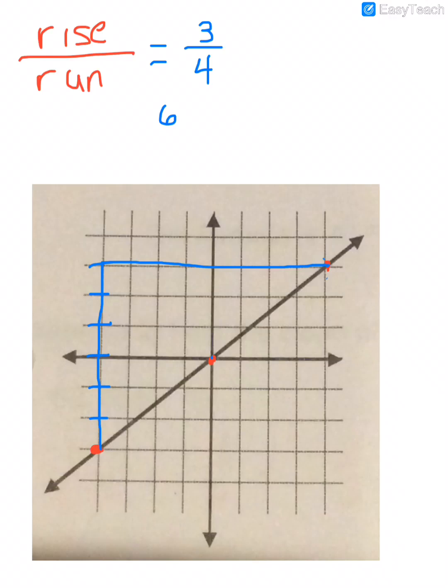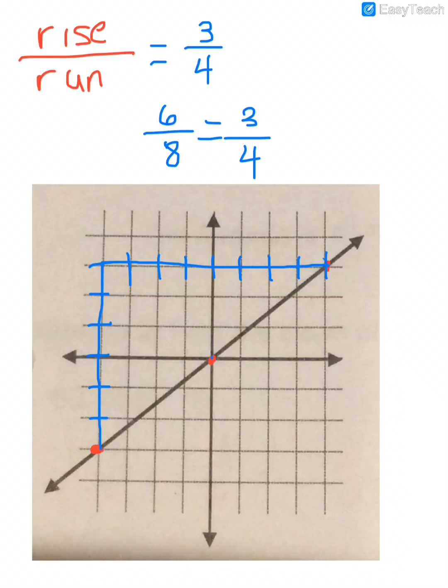So I rose 6, and I run 1, 2, 3, 4, 5, 6, 7, 8. But if I reduce that fraction, I still get 3 over 4.